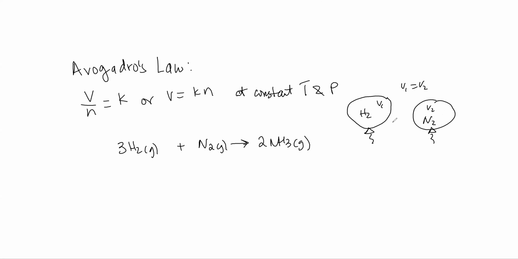That's the importance of Avogadro's law. And if you now pump ammonia gas in here, as long as it is the same volume at constant temperature and pressure, V3 will also be equal to V2 and V1, and it will have the same number of molecules of NH3 as N2 gas and H2 gas.